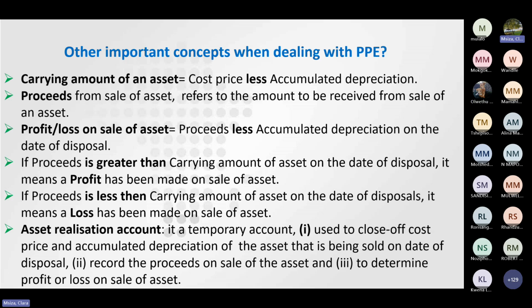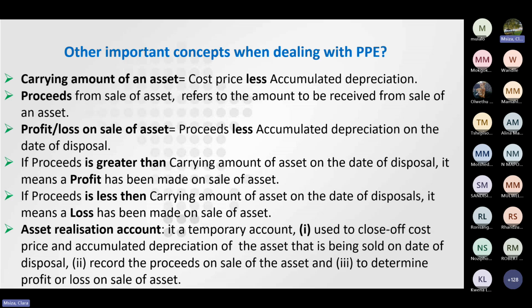Some students wanted to do an example, so I was also providing an example here. We had an asset that we bought for 100,000, and we are depreciating the asset at 20% using both the straight line method and the diminishing balance method. We're trying to show you what can go wrong if you use an incorrect formula that was not given in the scenario.